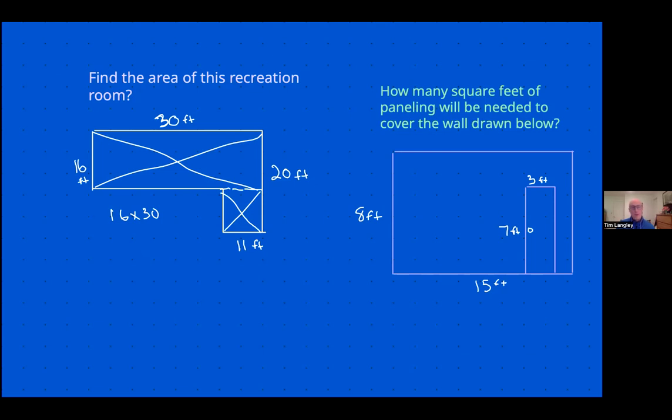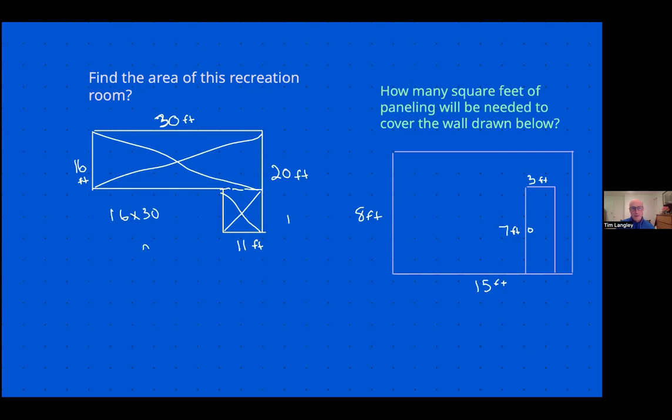Remember the step we just reviewed. I'm looking over here at the side of my big giant rec room, and it's 20 feet all the way from top to bottom. And then it's 16 feet on the far left here. So if I subtract that 16 from 20, my 20 minus my 16, that's going to give me 4.